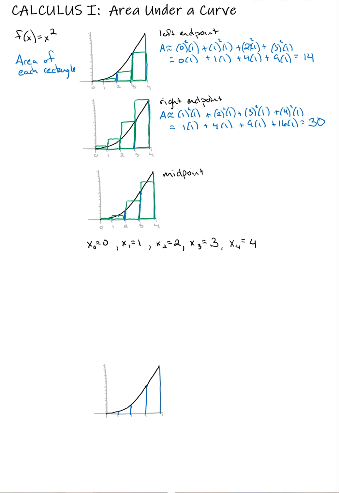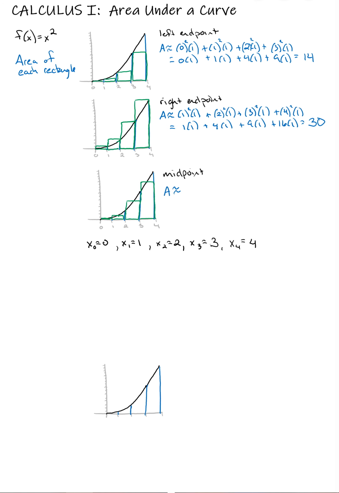Let's now take a look at the midpoint. So for the area, if I take a look at the midpoint, so between 0 and 1, I'm going to figure out what that height is. Well, remember that's 0.5 or 1/2, and then figuring out its height, of course, based off my function again.